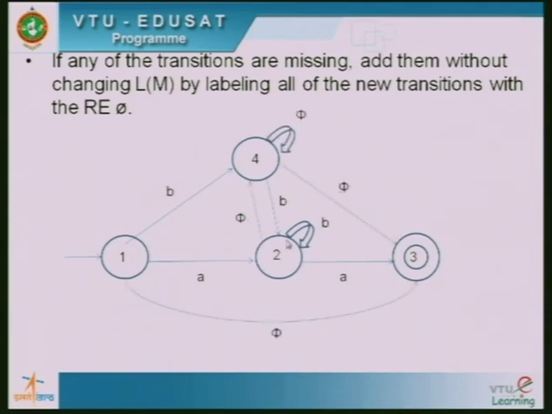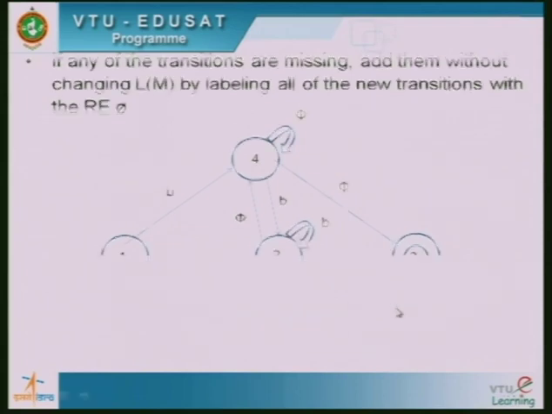See, I have added the phi, phi and phi, and similarly from 1 to 3 there is no direct regular expression, there is no transition. So, you can add phi. Phi will not harm the language the FSM accepted earlier. So, this also accepts the same language.